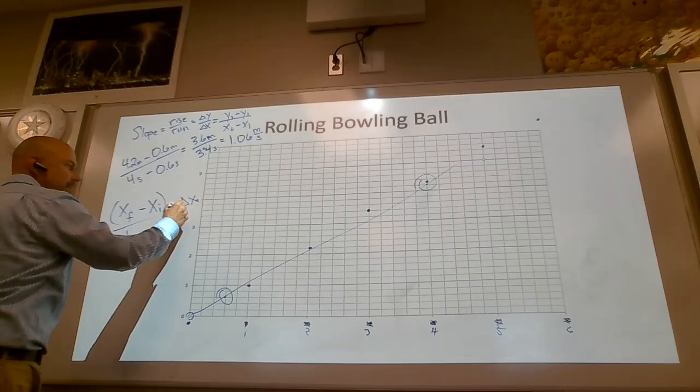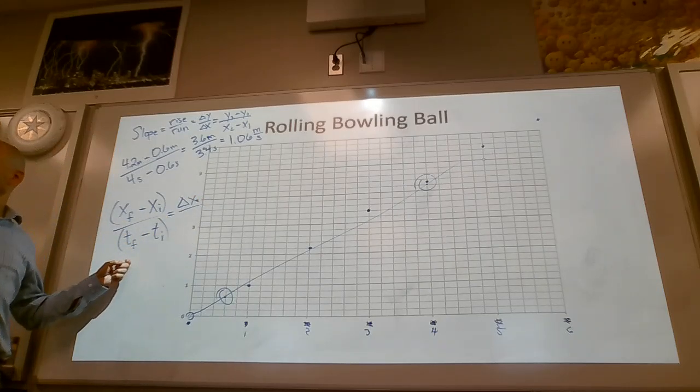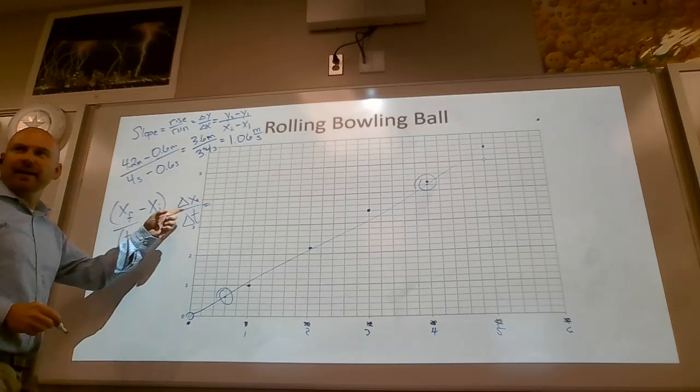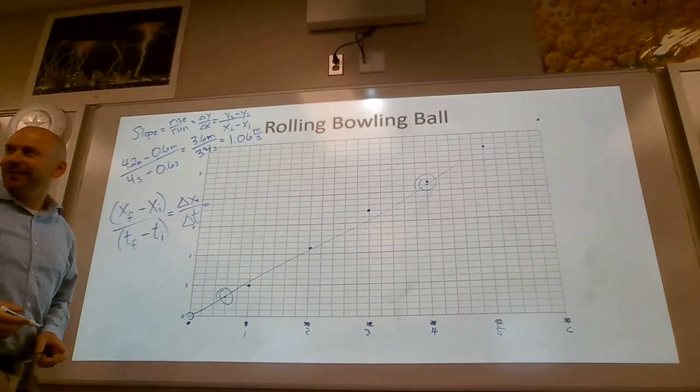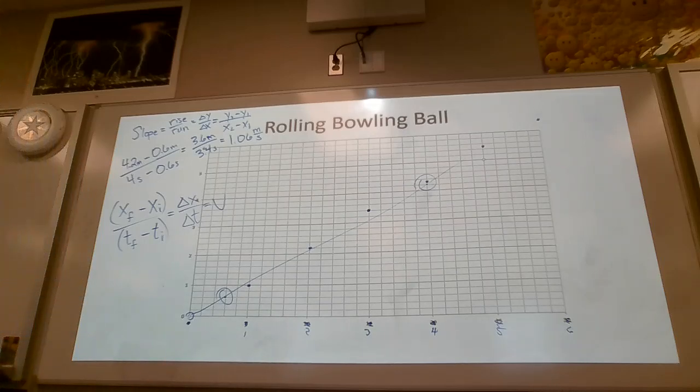Change in x, displacement over this. What's this quantity? Change in clock reading, time interval. Hey, we've seen this before. Crazy. Okay. So the takeaway is the slope of a position versus time graph tells you your velocity. Good with that?